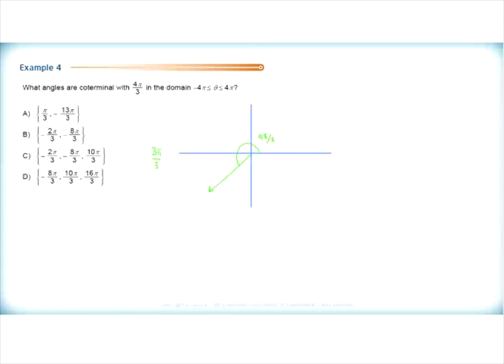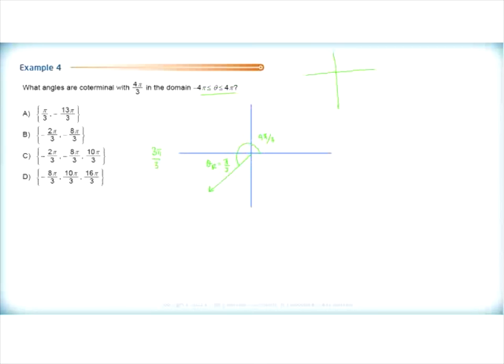Remember that the reference angle is pi over 3. The reference angle is the angle measured from the negative x-axis to the terminal arm in this case. Now, I am looking for all the angles that are coterminal with 4 pi over 3 between negative 4 pi and 4 pi. Now, you want to think about what this restricted domain looks like. Between negative 4 pi and 4 pi is really 2 complete rotations in the positive direction, and 2 complete rotations in the negative direction.